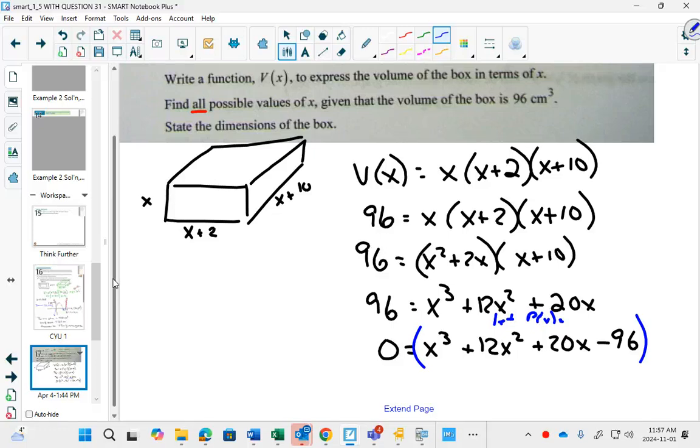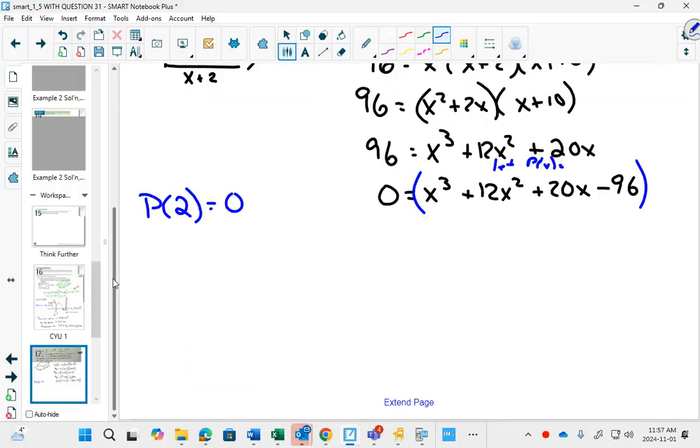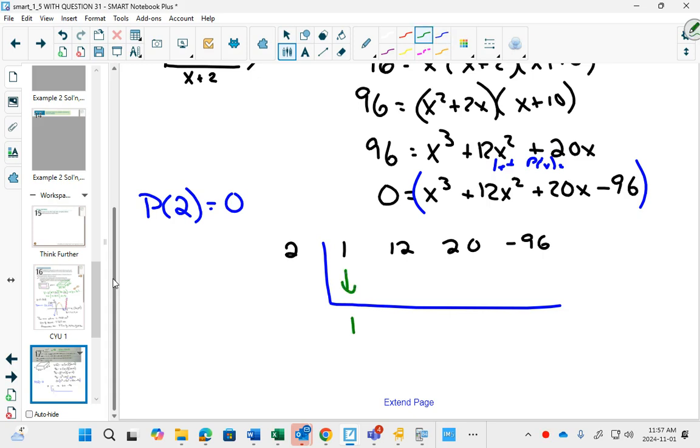Okay? So we already guessed and checked and found out that 2 works. That means that P of 2 is equal to 0. And we can use synthetic division, and this was the expectation on this question. 1, 12, 20, and minus 96, and plug in a 2, and do our synthetic division. Bring down the 1. Multiply, add. Multiply, add. Multiply, add, and get that remainder of 0.